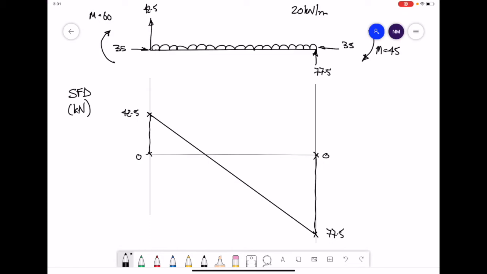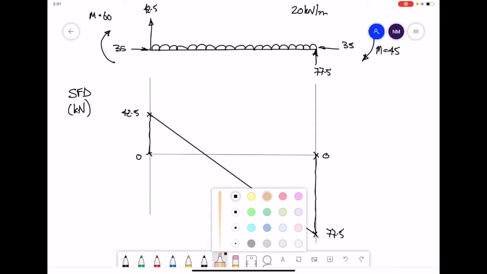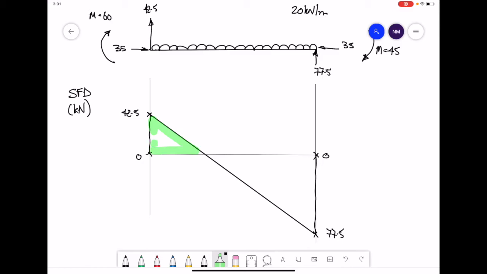Now we're going to use this diagram to draw our bend moment diagram. To do this, we need to work out the areas enclosed on our shear force diagram. And to work out these 2 triangular areas, you're going to need the distance across to where your line crosses over the x-axis, i.e. this distance here.